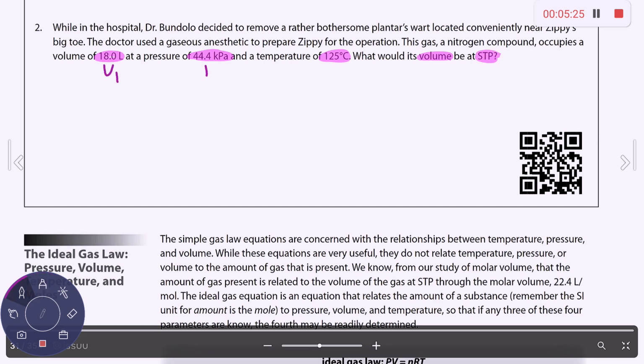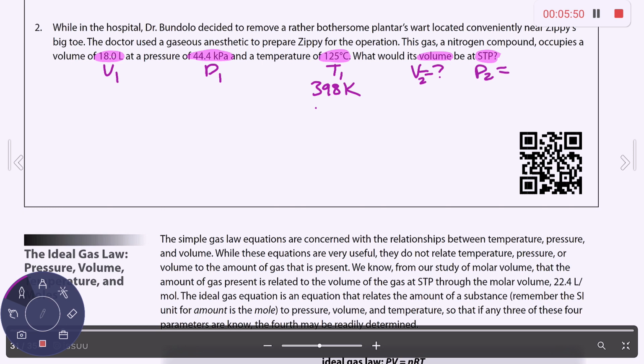So this is V1, P1, T1. If you add 273 to that, what do you get? 295, no. 273 plus 125, 398. And then we want to solve for V2.